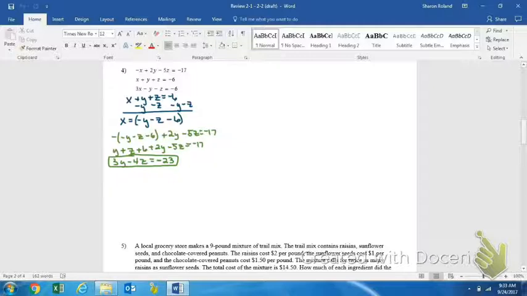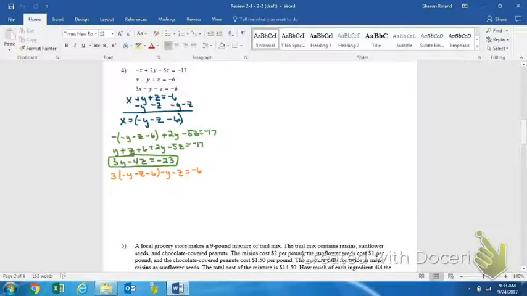I'm going to plug that equation into the last, and that's 3x. Oh, except we're not putting x, because I know what it equals. So that's going to be 3 times negative y minus z minus 6, minus y, minus z, equals negative 6.